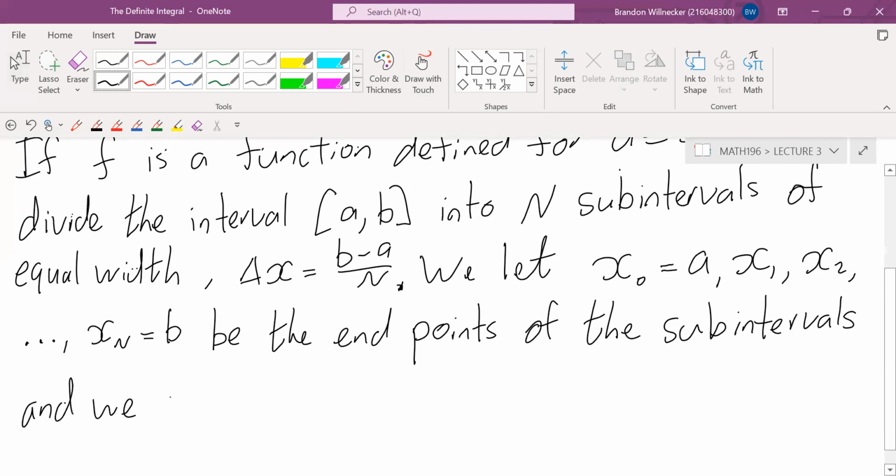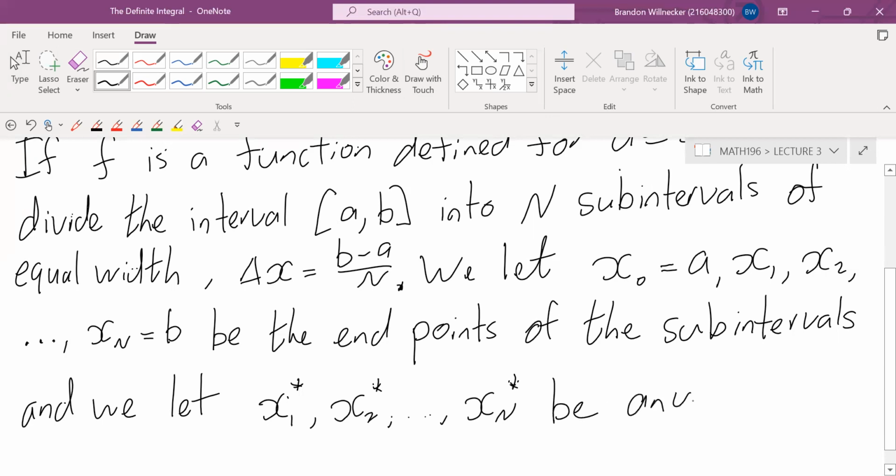Okay, and we let x1 star, x2 star, dot, dot, dot, up to xn star be any sample points.